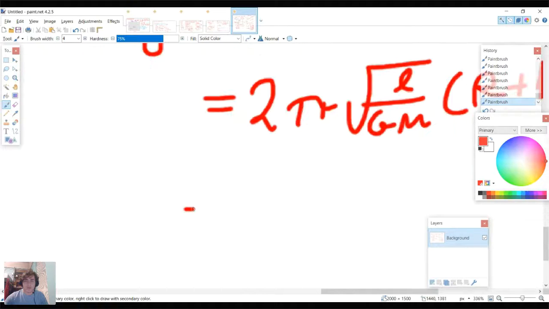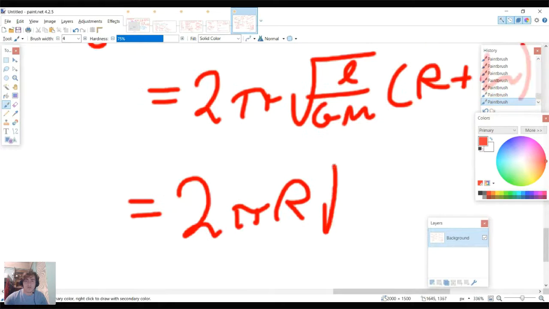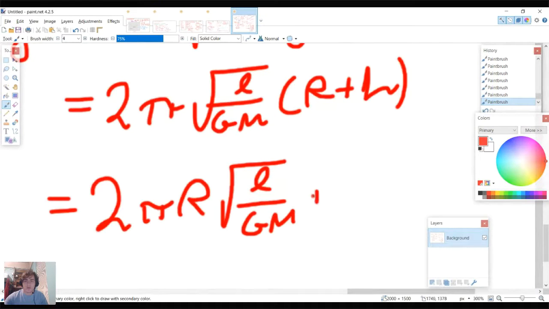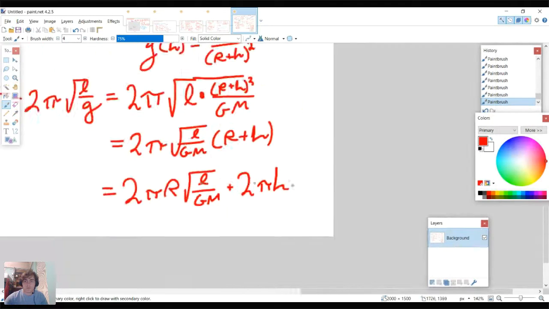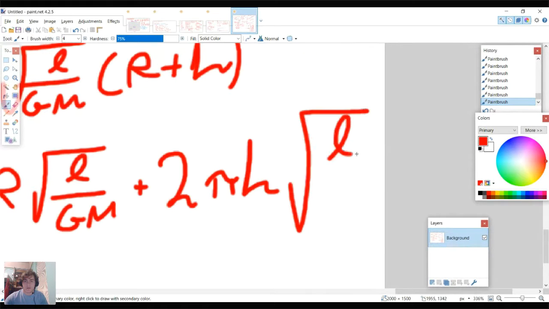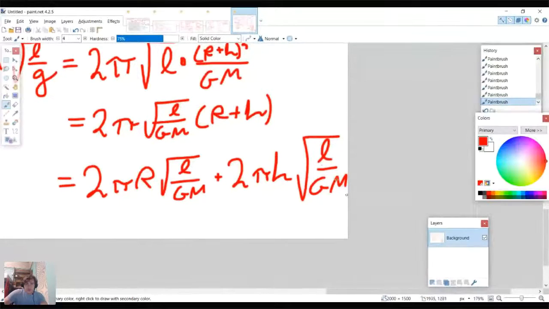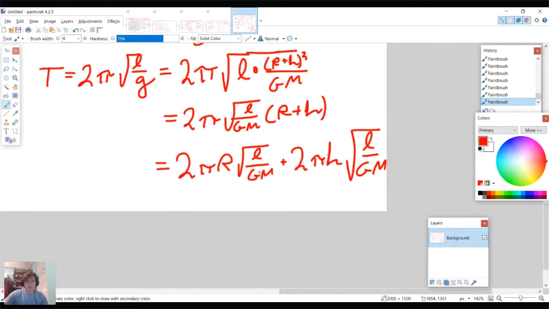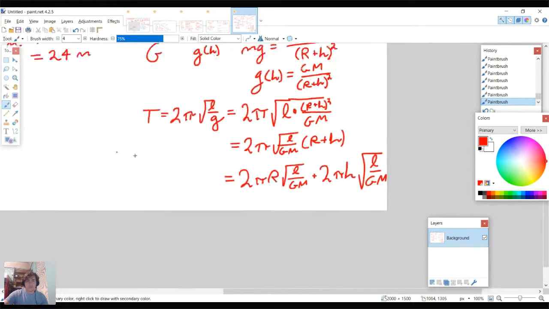And distribute that all. We'll see it's 2 pi R root L over GM, plus 2 pi h square root of L over GM. The thing to notice here is that this term is just a constant. This will just give you a slope on your graph, right?